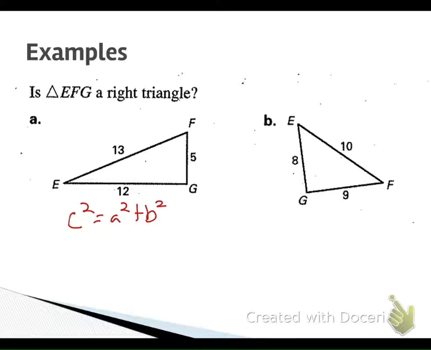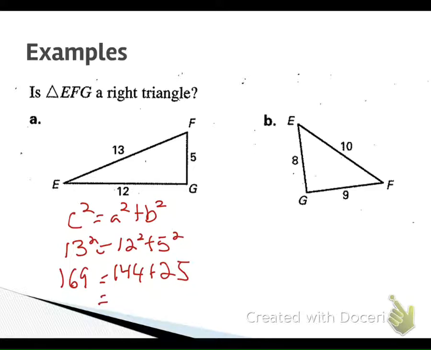So we know c is going to be the longest side. Our longest side is that 13. So we have 13 squared equals, and it doesn't matter which one's a and which one's b because you're adding them together. So we have 12 squared plus 5 squared. 13 squared equals what? 169. Why are we using the c squared? Because there's no c. Okay, so then we have 12 squared, which is what? 144. And 5 squared, 25. We're going to add up the left-hand side and the right-hand side.